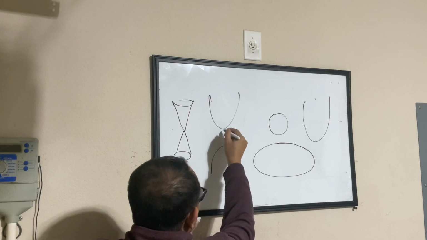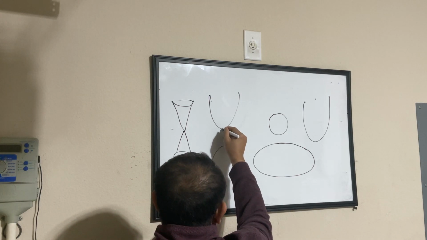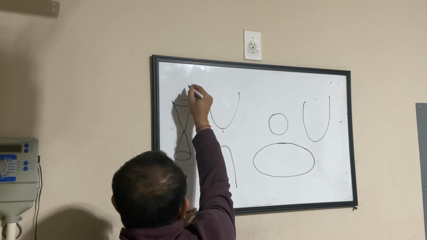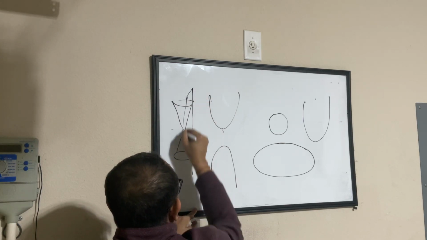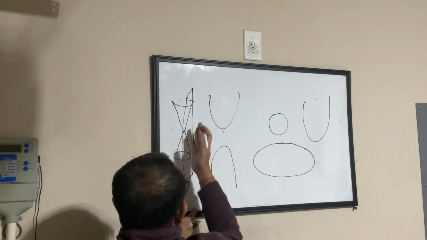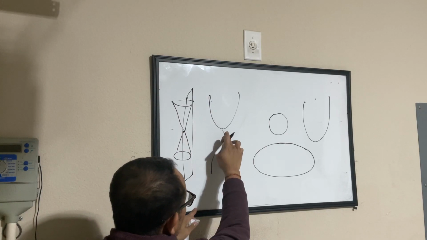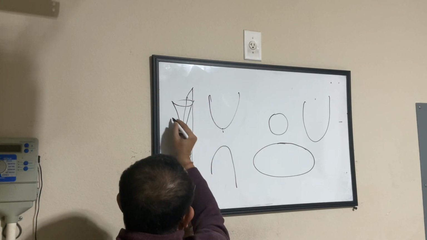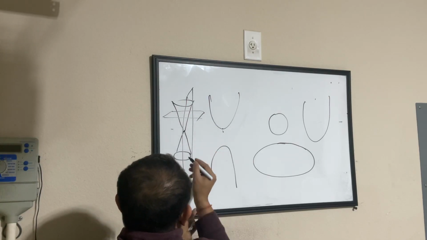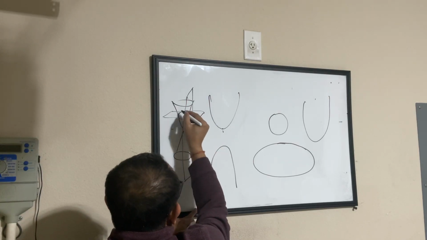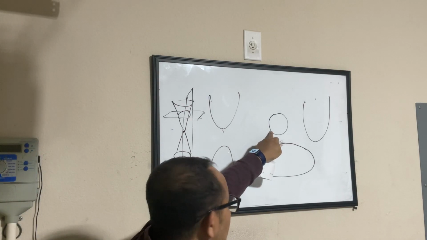If you imagine that you have a plane like this, it cuts it open, and you will get a shape like this. If you have a plane which cuts this horizontally, then the shape that you will see is the circle.